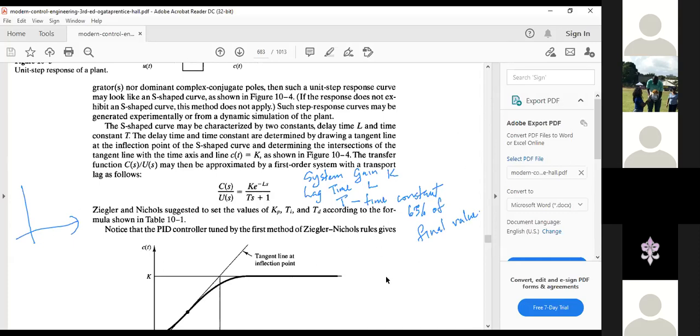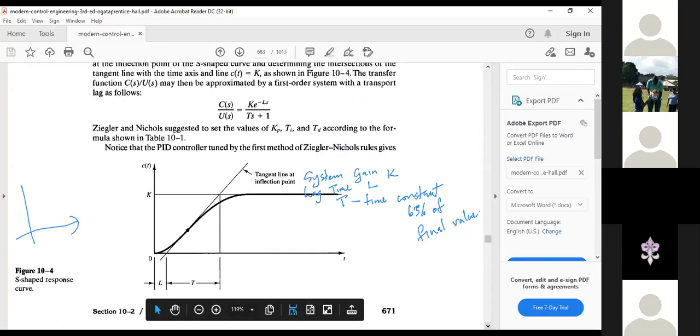So, the lag time. Let me draw an ugly graph.